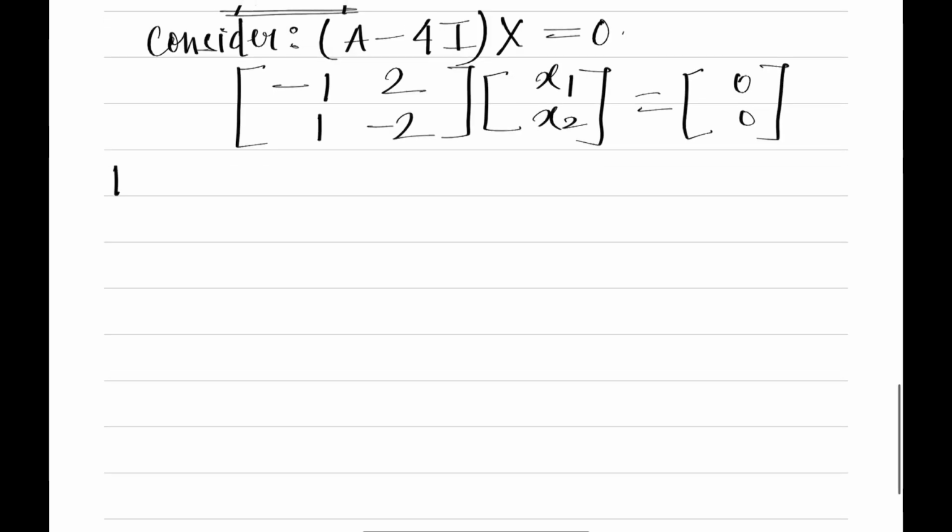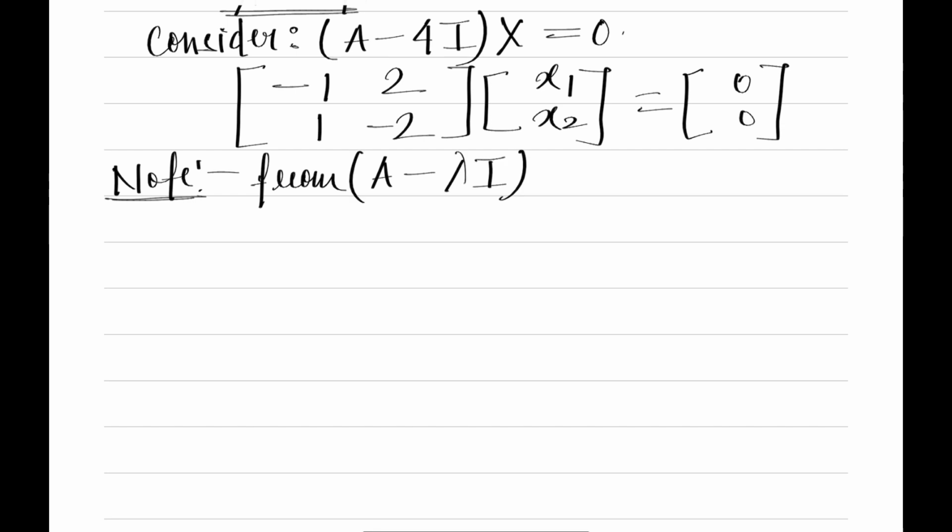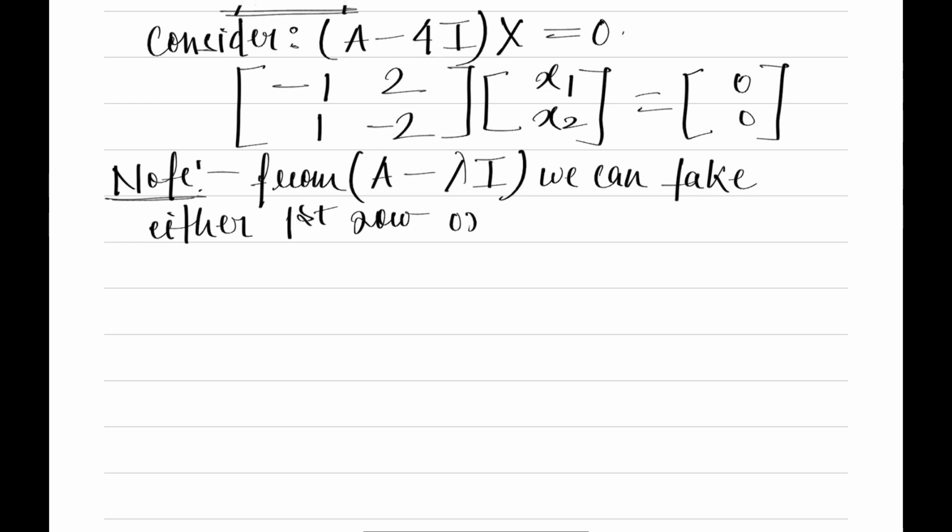Now we will take a note from A minus lambda I. We can take either the first row or the second row, any one row.